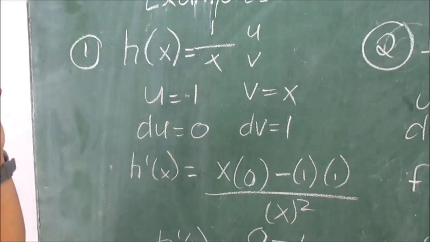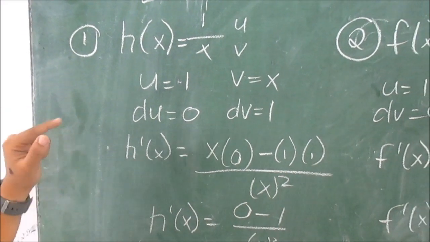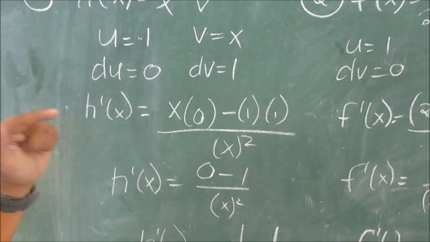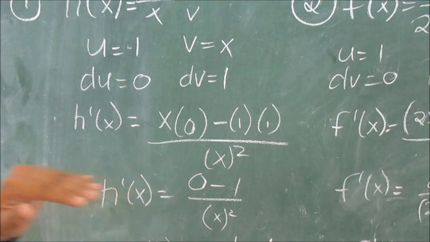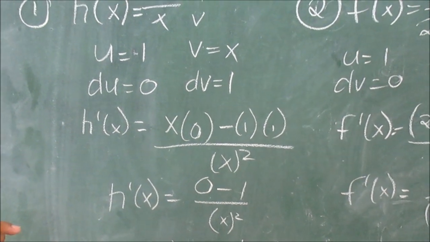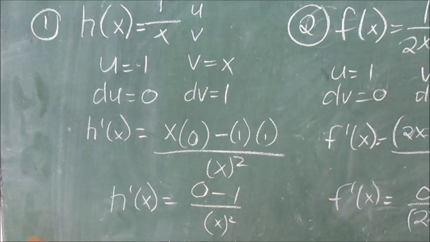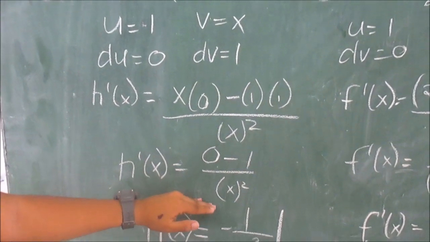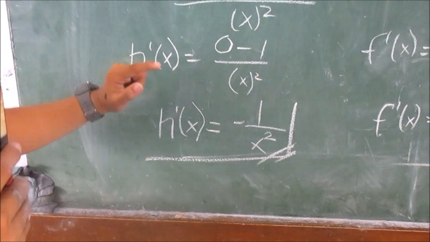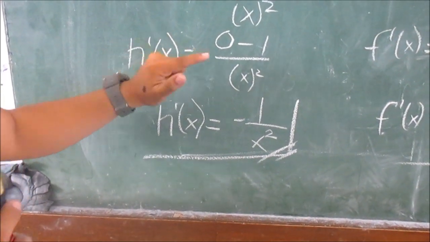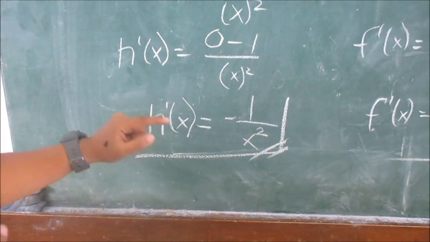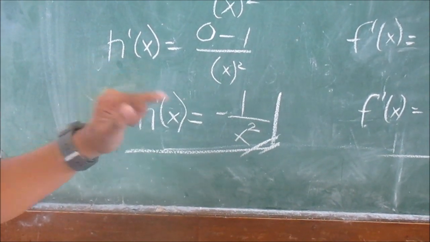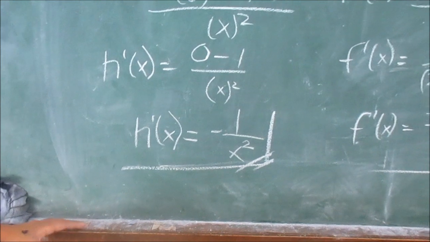So we must substitute h prime of x is equals to x times 0 minus 1 times 1 over x squared. So h prime of x is equals to 0 minus 1 over x squared. So when we minus 0 and 1, we got negative 1. So h prime of x is equals negative 1 over x squared.